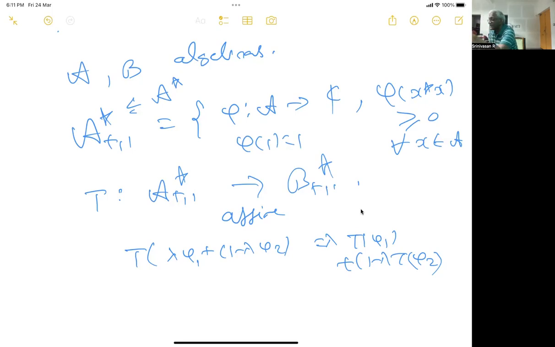No, what I said is not true. You need some sort of self-adjointness: phi of x star should be phi of x bar. Those linear functionals can be written as a difference of positive linear functionals, and any linear functional can be written as a linear combination of four states. Because of that, this T will always be given by a linear map. This can be extended to a linear map.